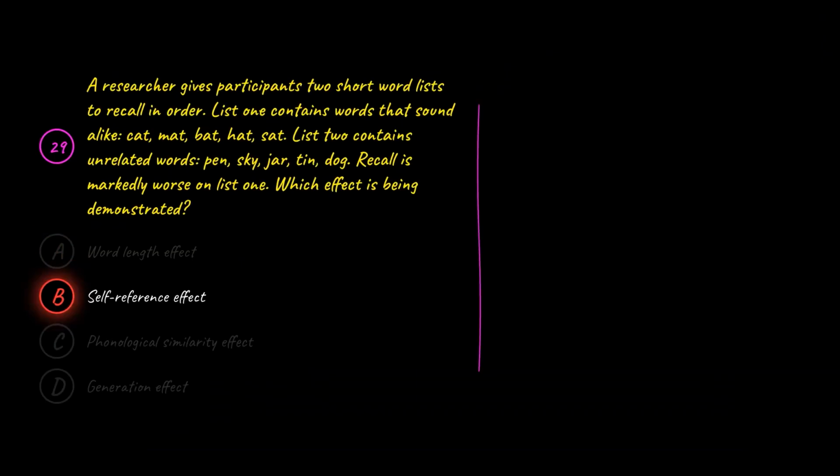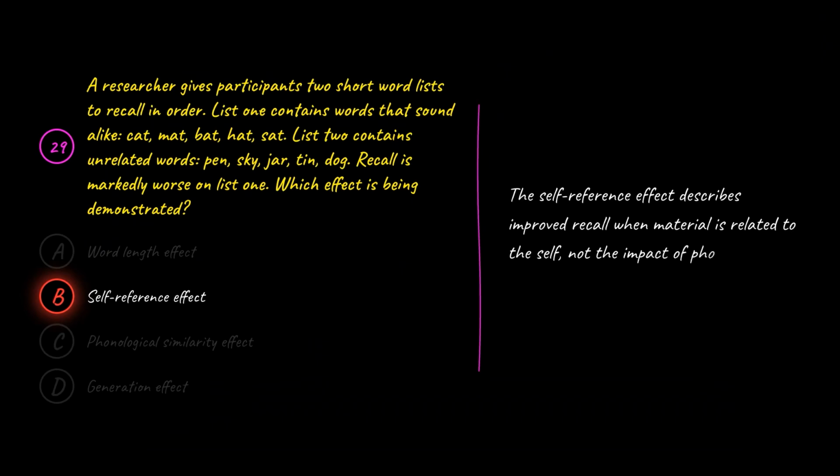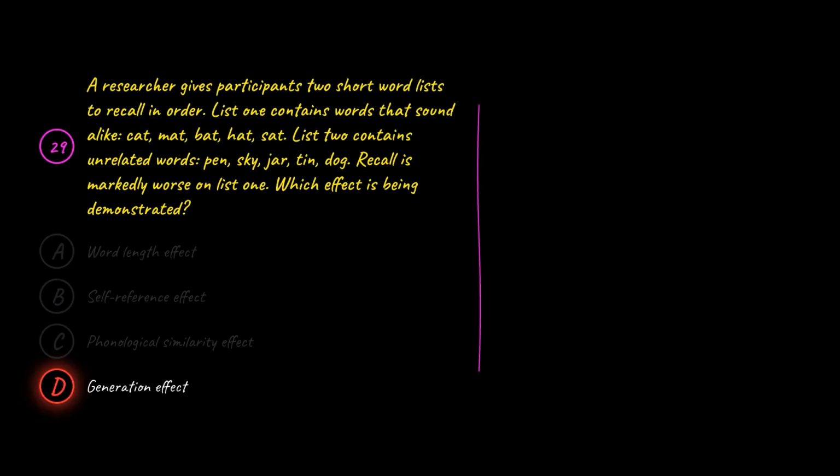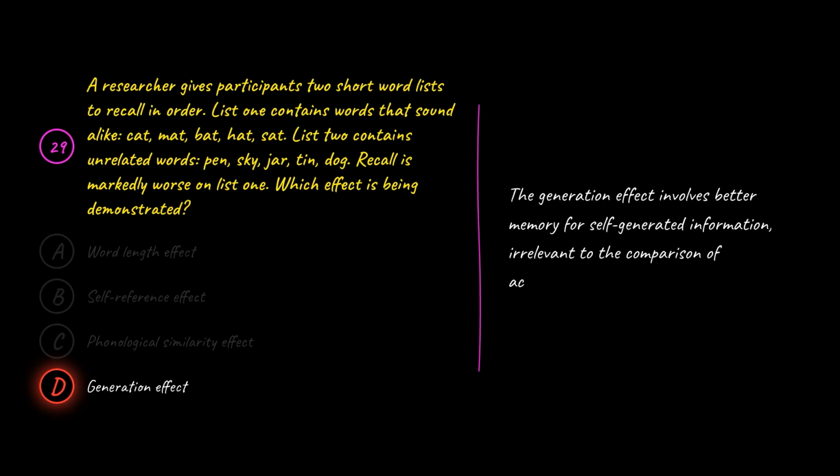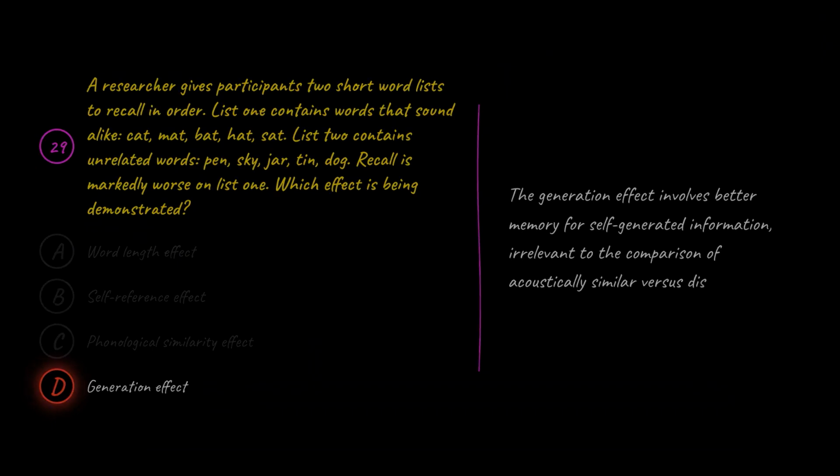B is wrong because the self-reference effect describes improved recall when material is related to the self, not the impact of phonological overlap. D is wrong because the generation effect involves better memory for self-generated information, irrelevant to the comparison of acoustically similar versus dissimilar lists.